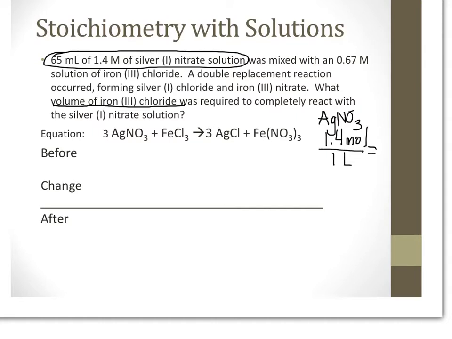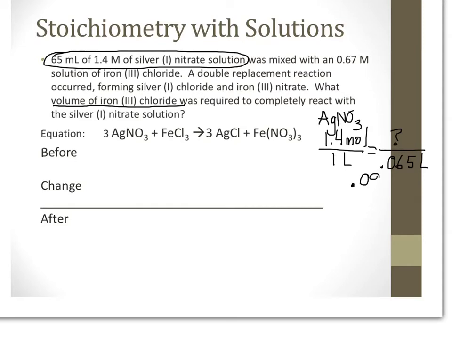We also know that we have 65 milliliters, or 0.065 liters. And we want to know how many moles that is. So if you cross multiply, it tells us that in 65 milliliters of this solution there are 0.091 moles of silver nitrate.